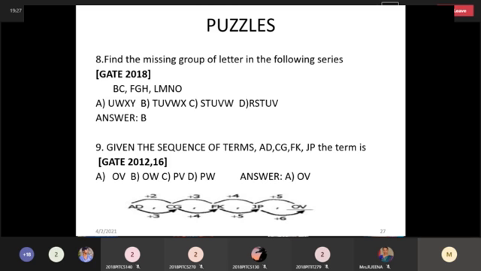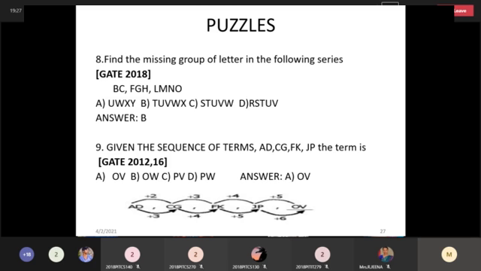Next question, find the missing group of letters in the following series. They have asked you this in the GATE question 2018. Okay. So BC, FGH, LM and O. Options: A, UWXY, B, TUVWX, C, STUVW, D, RSTUV.